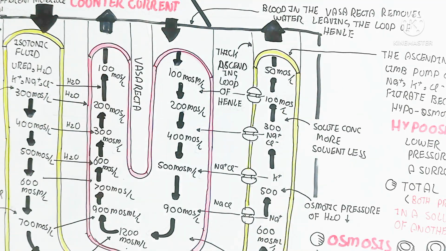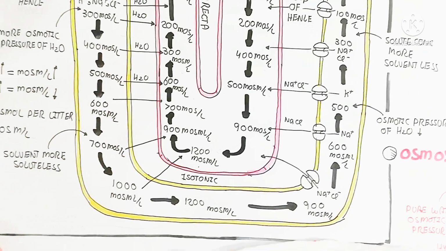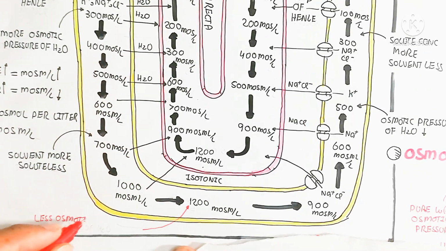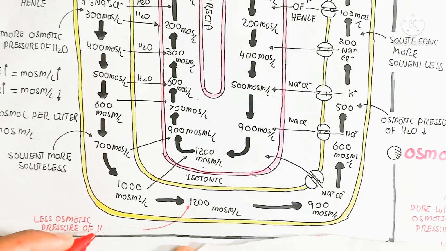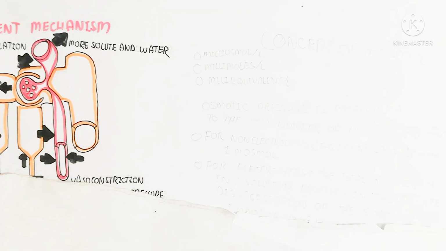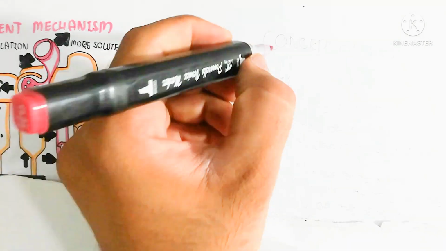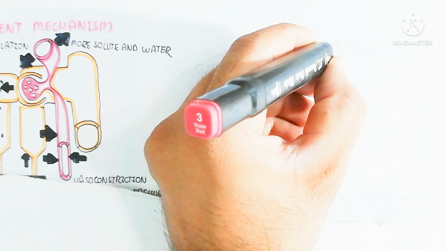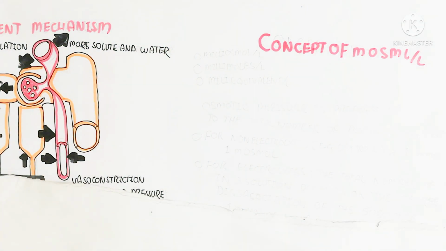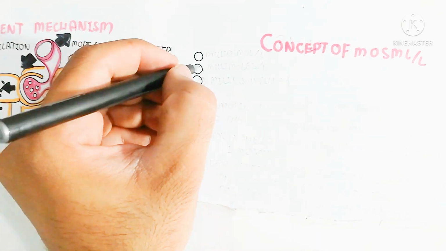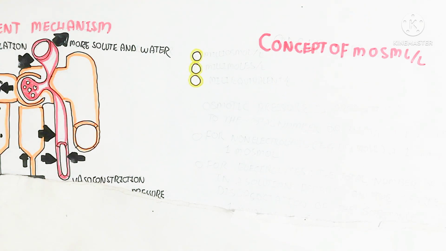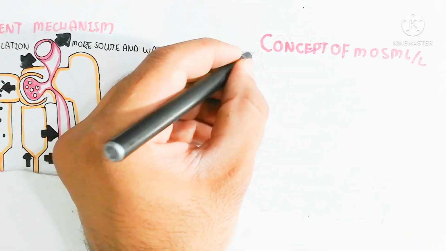That is the opposite direction, and this is the significance of the countercurrent mechanism. This is the lower osmotic pressure of water. The significance of the countercurrent mechanism is that it reabsorbs water as well as sodium and potassium. That is why this is the countercurrent mechanism. In this way, first the water will enter, and then the solute will enter, due to the decreasing concentration of water in the loop of Henle.